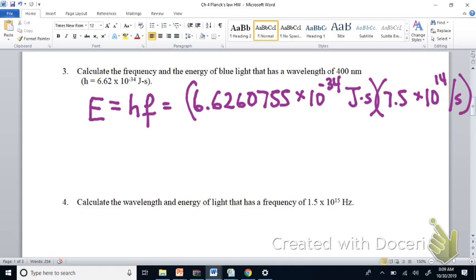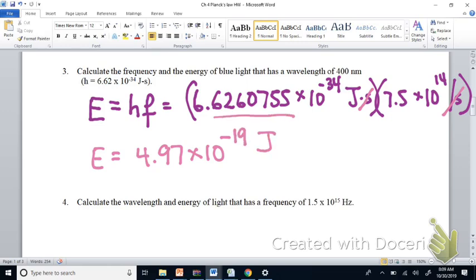Now, I'm not writing it as hertz because I think it's important that you see that these units cancel. So the second and the inverse second will cancel when you multiply them. And now we're going to simplify this expression. And once I simplify this on my calculator, I get 4.97 times 10 to the minus 19 joules.